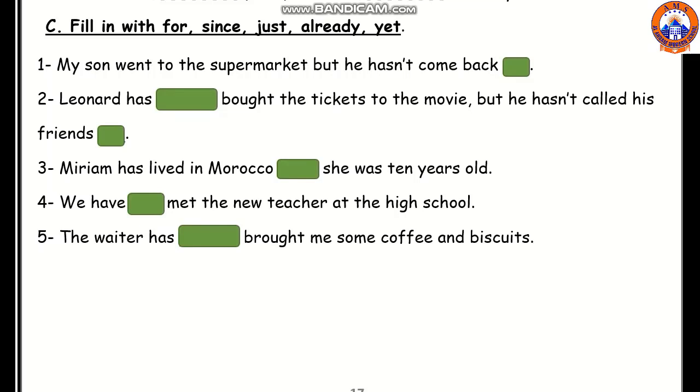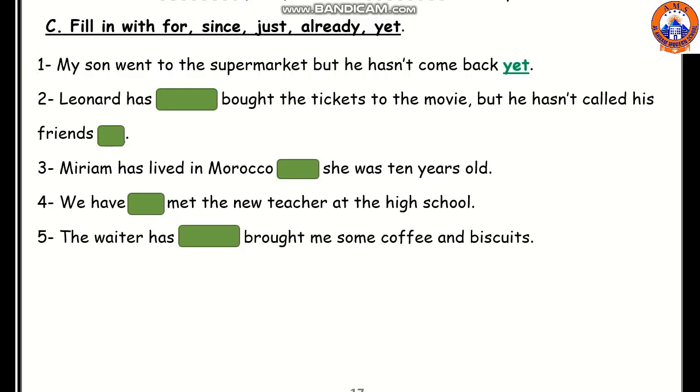Let's read number 1. My son went to the supermarket but he hasn't come back. So we will use what? Excellent. We have hasn't, which is in the negative form, so we will use yet.